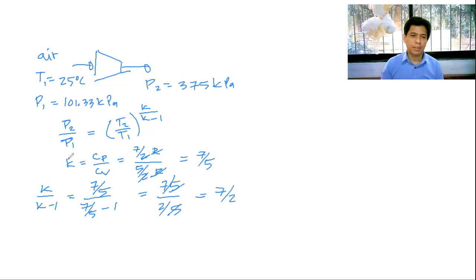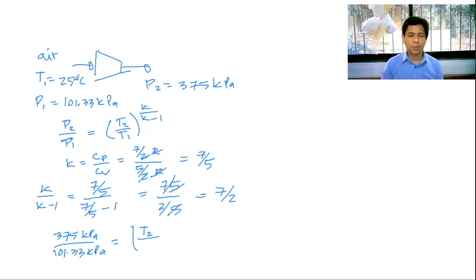Tapos substitute lang natin dito yung mga given. P2 is 375 kPa. Tapos P1 is 101.33. Tapos T2 is yun yung hinanap natin, unknown na.